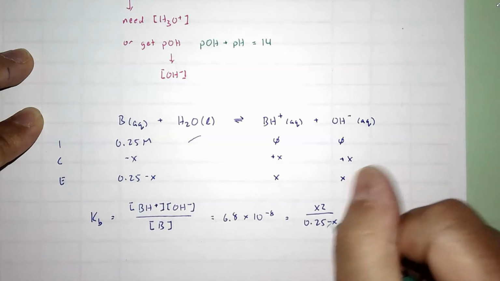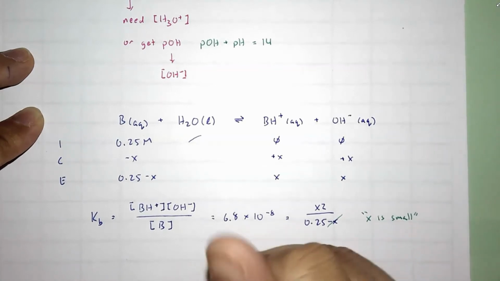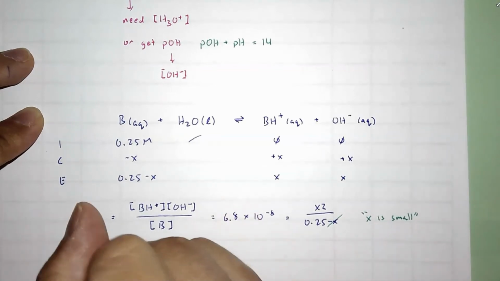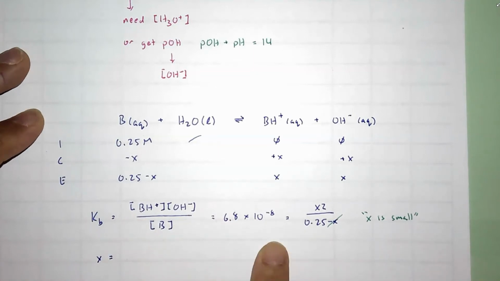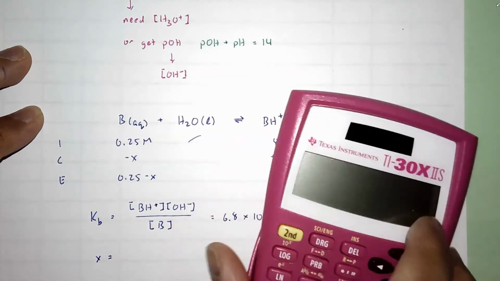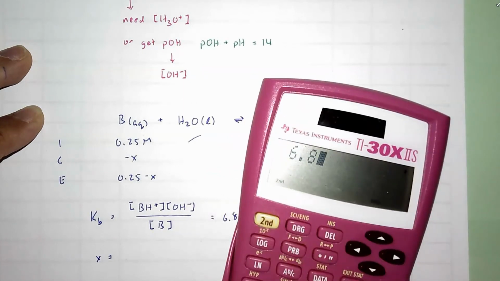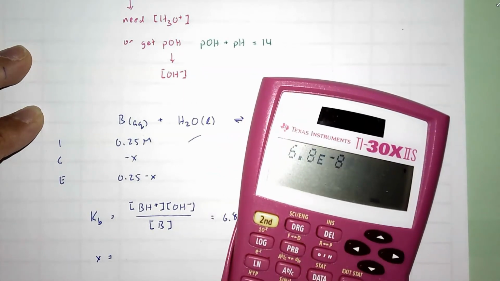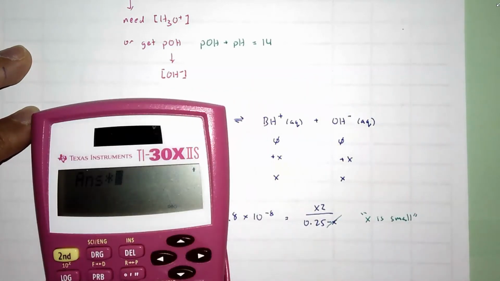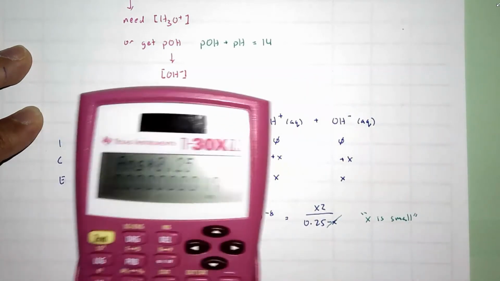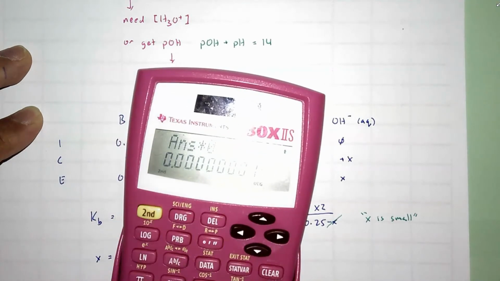Cross out this minus x. I'll go ahead and solve for x directly. 6.8 times 10 to the negative 8 equals x squared over 0.25, and then I have to take the square root.